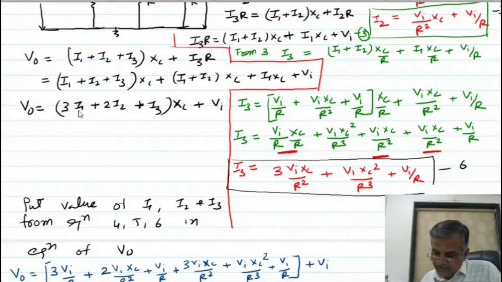Look again. I1 is nothing but Vi by R. I2 is nothing but this value I have put here, 2 Vi Xc by R square.